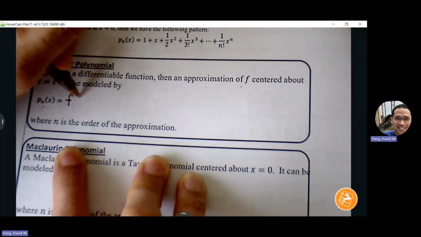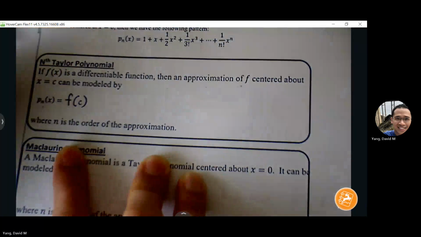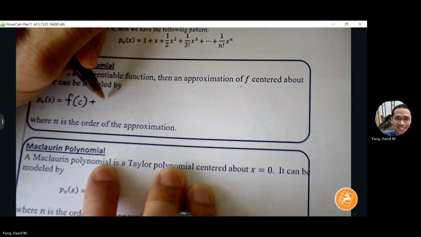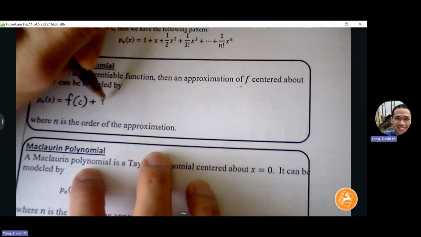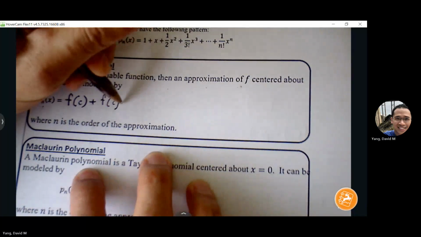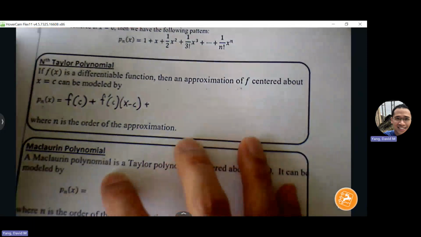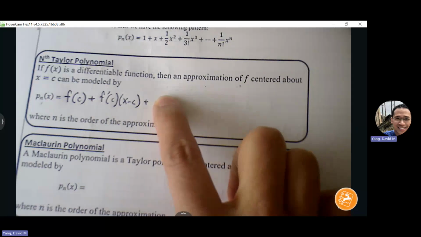We're always going to be matching the points. And then we're going to be building the tangent line equation. So that's just f prime of c times x minus c. And then we're going to start building our second derivative.